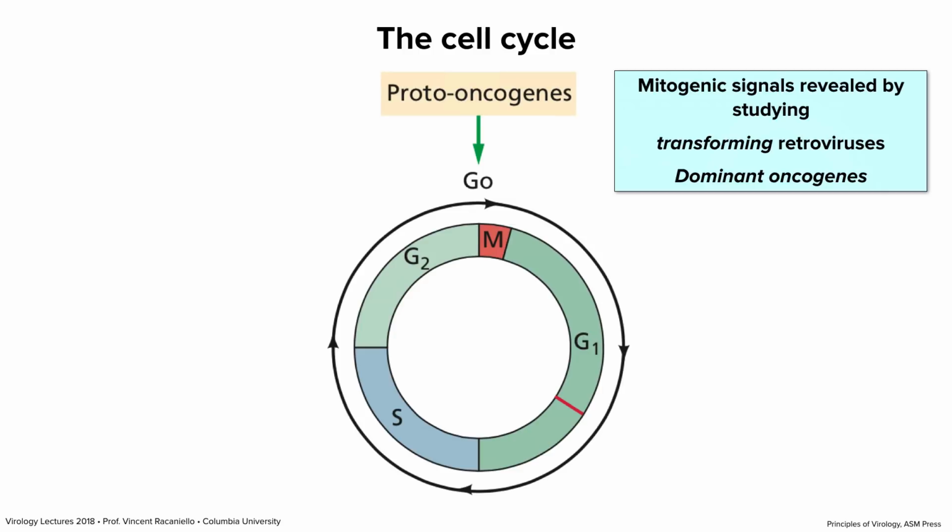They push the cells into division, and they send them around the cell cycle. So these are mitogenic signals encoded by each of those oncogenes. We call them dominant oncogenes because you just need one copy to put in a cell and it will push it into cell division. And they were all revealed by studying these retroviruses. So today's understanding of what controls cell division is, as I said before, largely obtained by studying these viruses.